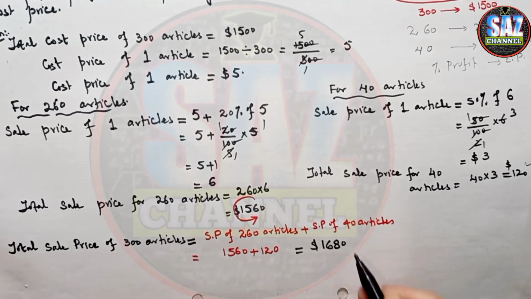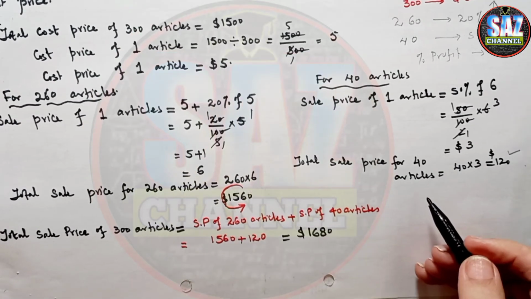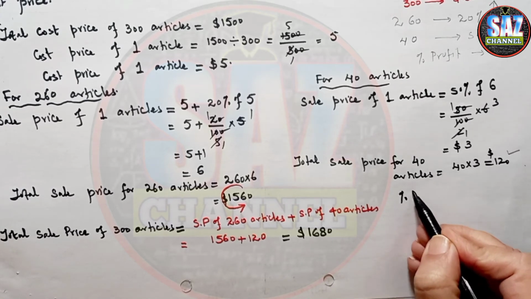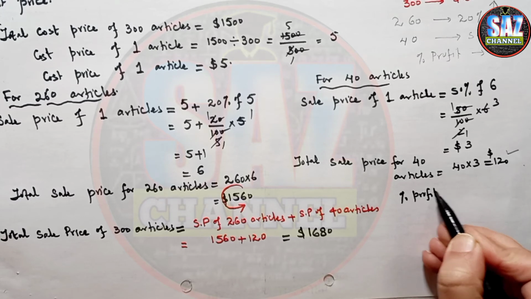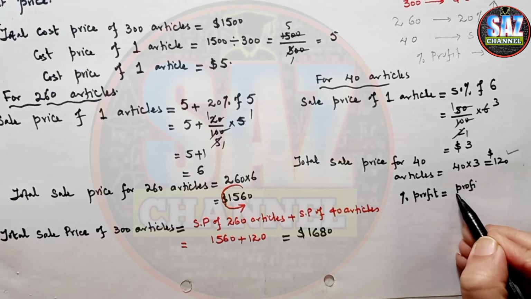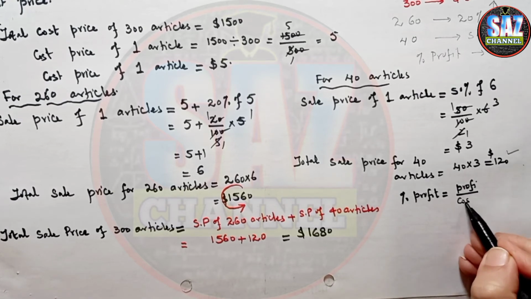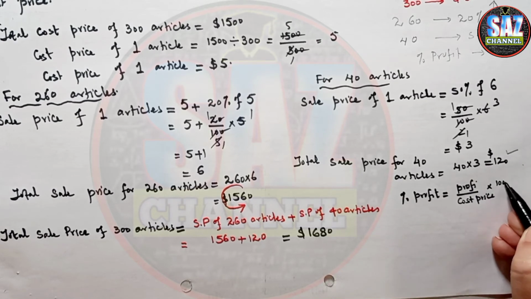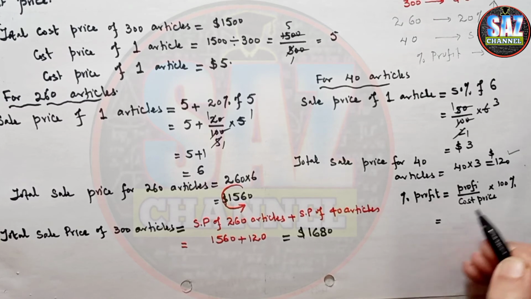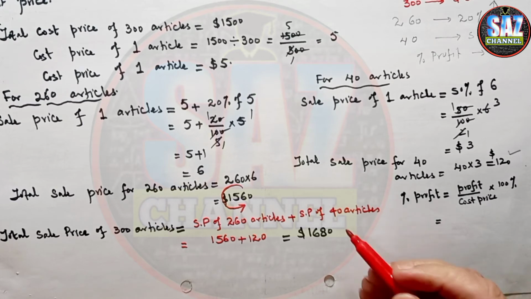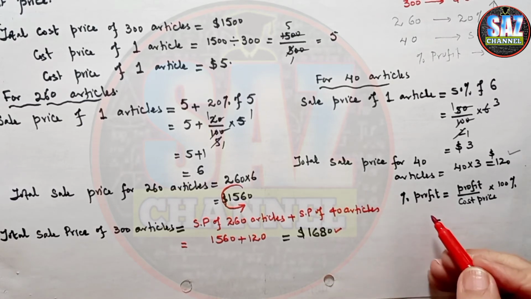So this is the sale price of 300 articles, 1680. Now we have to find the shopkeeper's profit. This is the third requirement of the question. So percentage profit will be equal to profit over cost price multiplied by 100%. In order to get the profit, we know that profit is the difference between the sale price and the cost price.